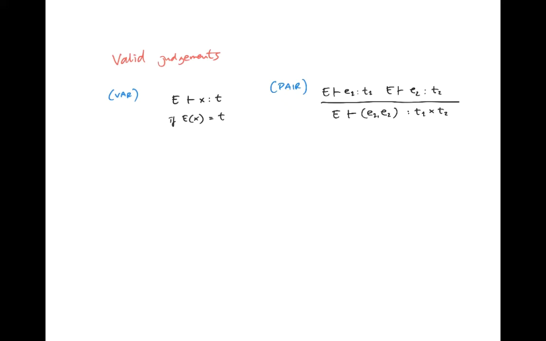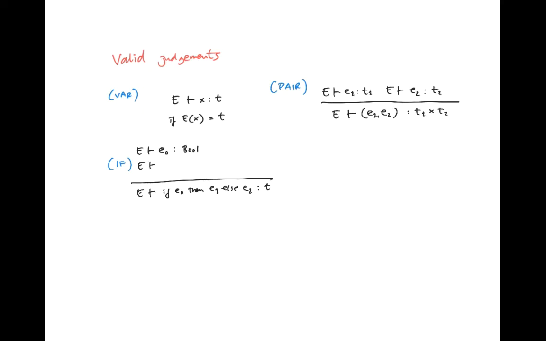Next, we've got if then else. If we're typing an if then else, a conditional expression in some type environment E, then what we want is that the two branches of the conditional have the same type T. Moreover, the condition E0 must have type bool.